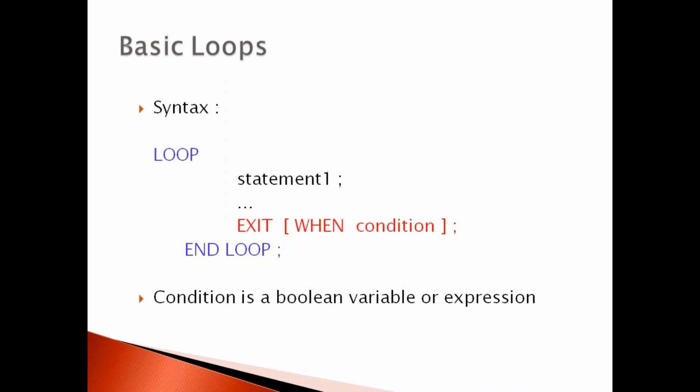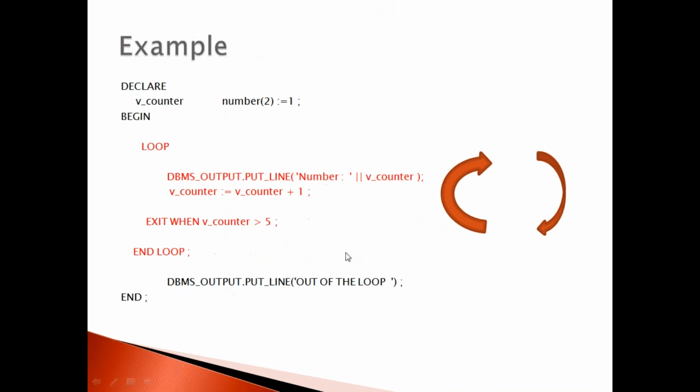So let's see one example here. Observe this example: in the declare section, we declared one variable called number, and the initial value is 1. As per the code, we're just printing the value initially, and after that we are incrementing it. The exit condition we mentioned here is: exit the loop whenever the counter is greater than 5.